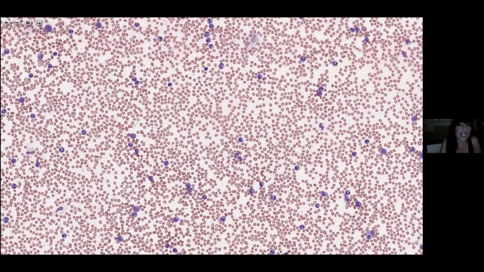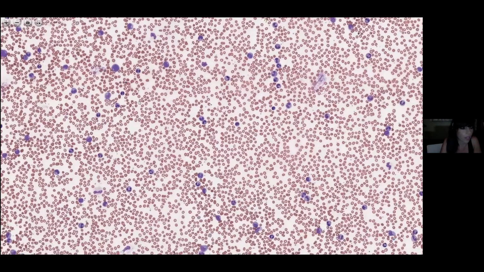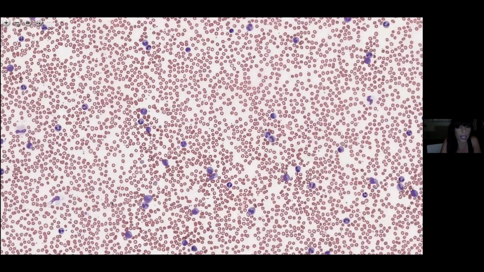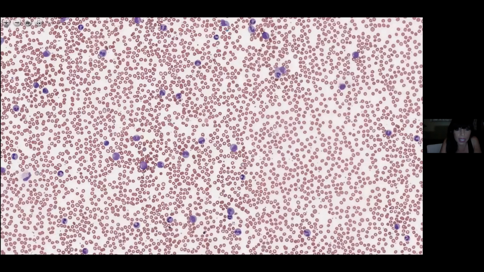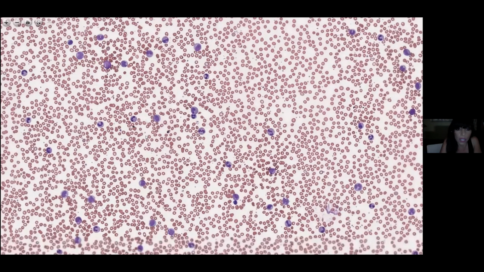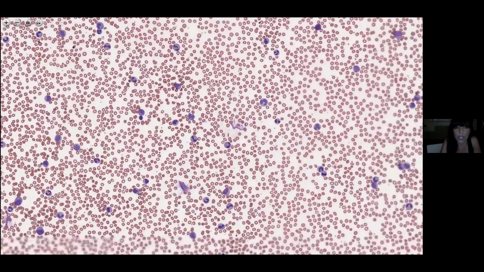And I always like to start all my cases on low power to see what is actually causing this leukocytosis. And this doesn't have as many WBCs as our last, which would correlate with our WBC count. It still has quite a few, and we can see that the predominant cell type here is the neutrophils, and that they are in various stages of maturation.